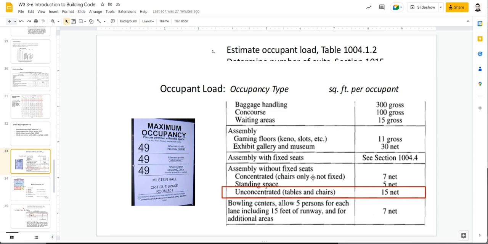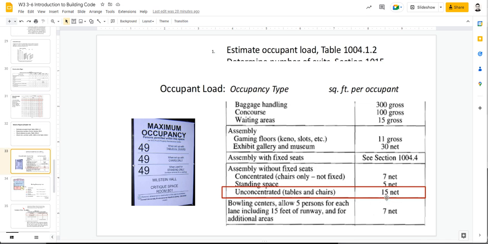So ours is an assembly, and if the seating is not fixed, then you are under unconcentrated, meaning you can move them about, these tables and chairs. And how will you know your occupant load? You divide the area by 15, and that's your occupant load.